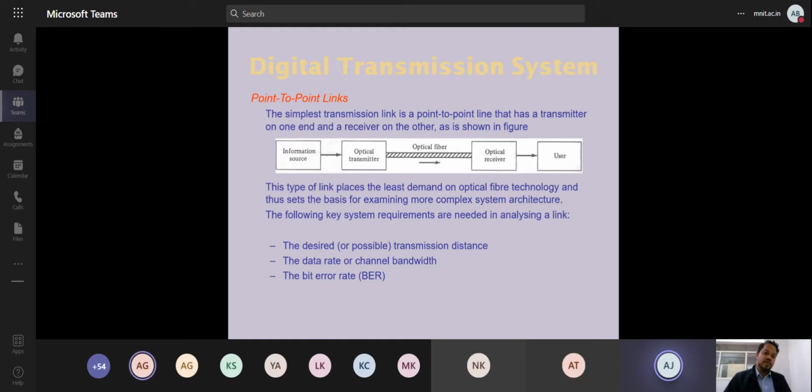And what is the data rate or the channel bandwidth? And what is the bit error rate? So these are three basic parameters, apart from, of course, what is the power being launched and what is the power being received. That, of course, is dependent on the transmission distance.